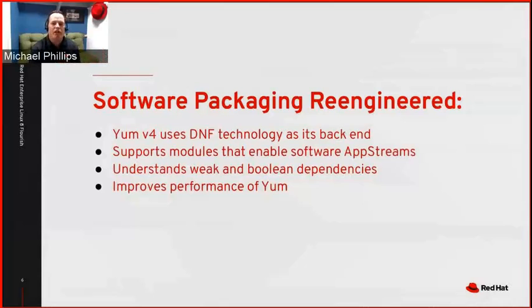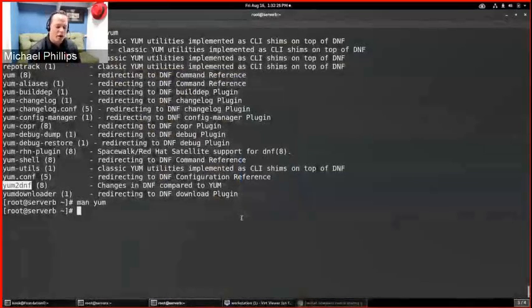So you have the ability where you might say, oh, I want this particular version of Perl, or this particular version of Python, or this particular version of PostgreSQL. So Postgres, which version do I want? And I can actually say grab it as a module. Now, these commands are available to you in Red Hat Enterprise Linux 8.